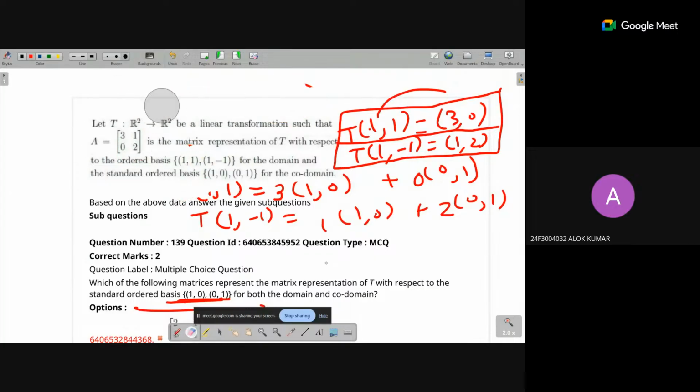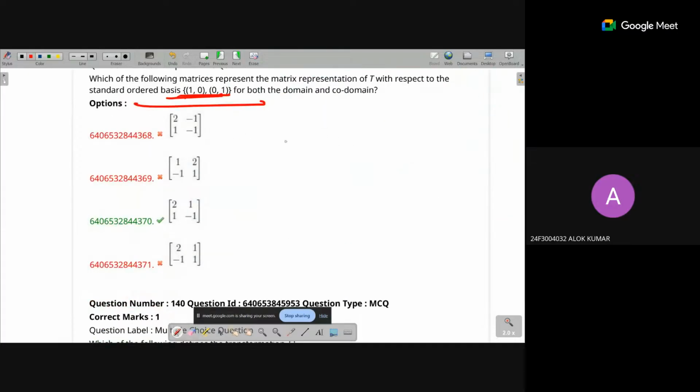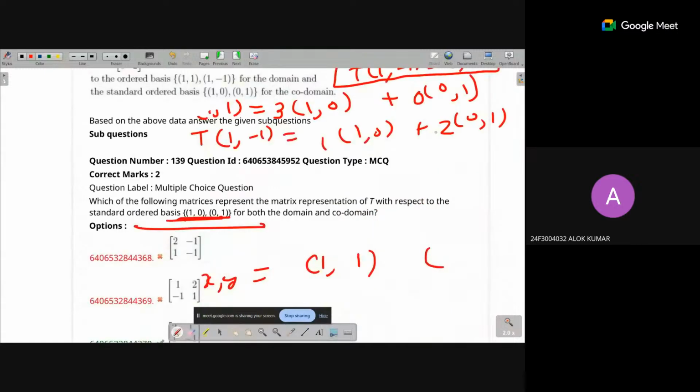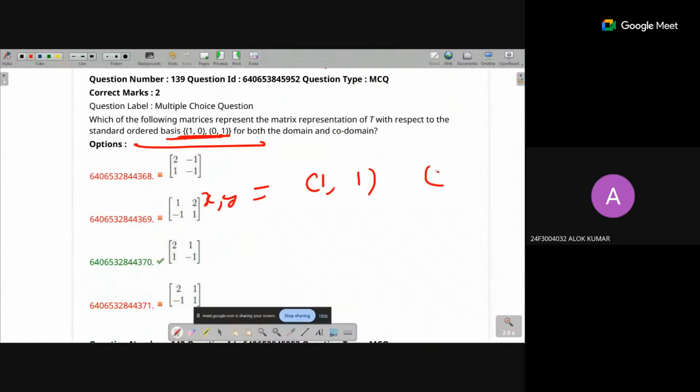Any vector in the domain, suppose x, y, can be written as a linear combination of 1, 1 and 1, minus 1. That is the definition of a basis, with coefficients. So any vector of this domain can be written as a linear combination of these two, 1, 1 and 1, minus 1. Right or not?